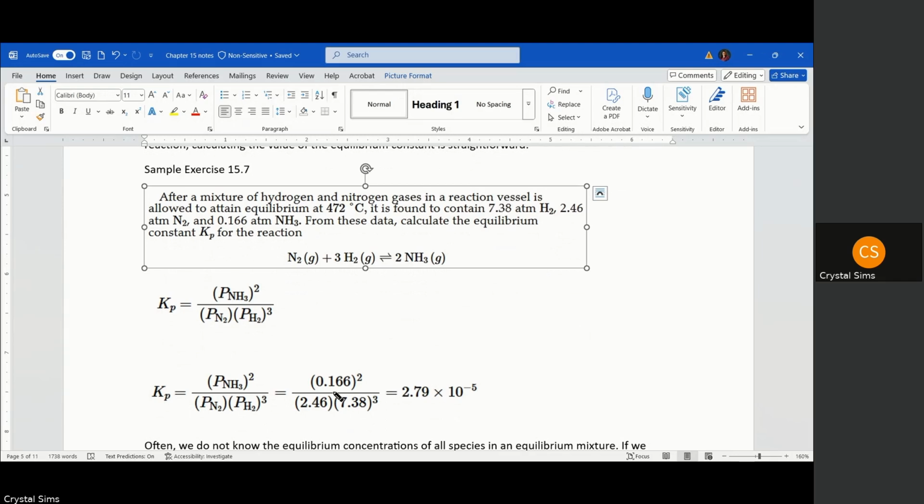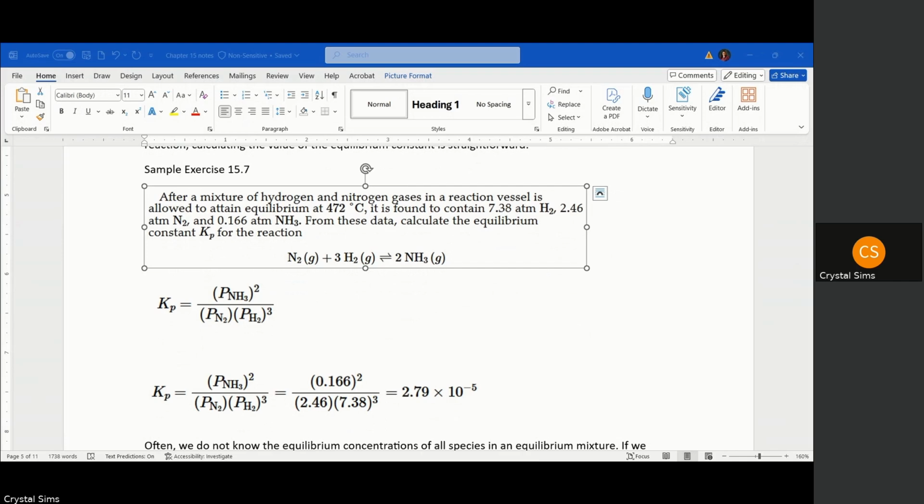And just also as a reminder here, K sub P, K sub C, they do not have units. So when you get your answer here, there's not going to be any unit that is part of it. So that is how we work it out when we know the concentrations. You set up your expression, plug and chug.